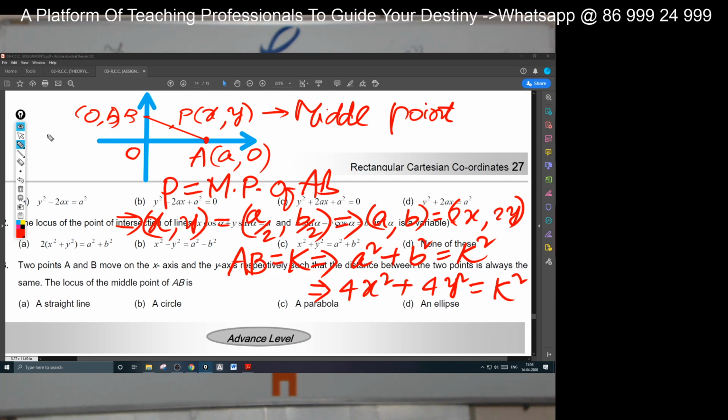You can say, of course, directly. It is a circle, Arun, because the coefficient of x square is equal to the coefficient of y square, and no xy term is present. No xy term is present, and hence it represents a circle.